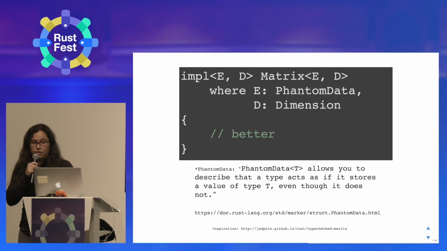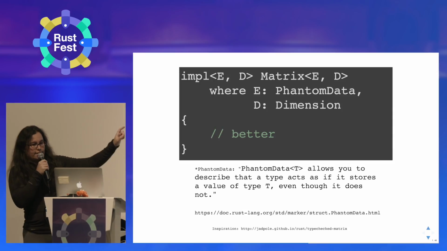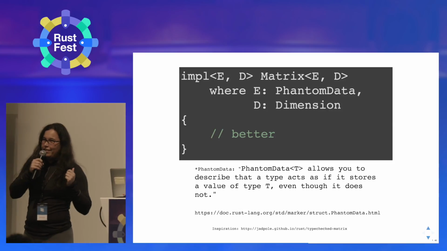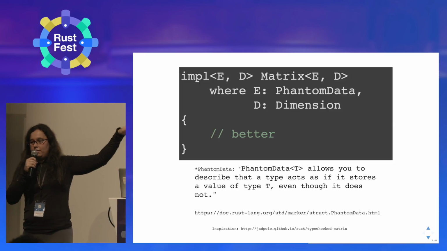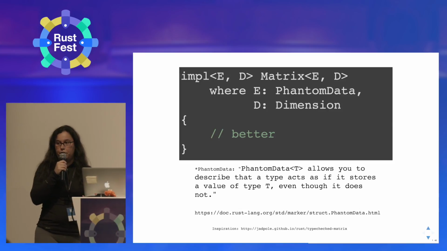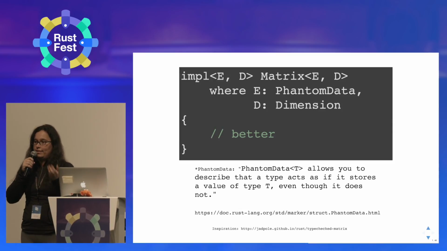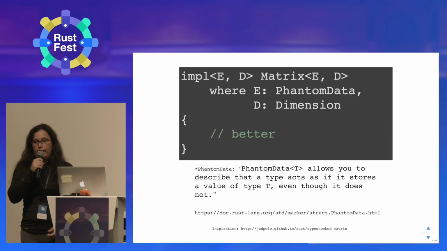This is pretty interesting. And this is actually how the ndarray is implemented. They use some structure like this to represent any kind of array. Any kind of array has a dimension and element set.